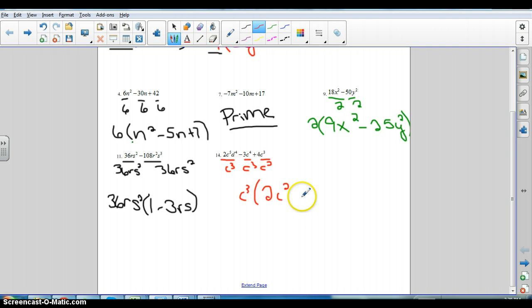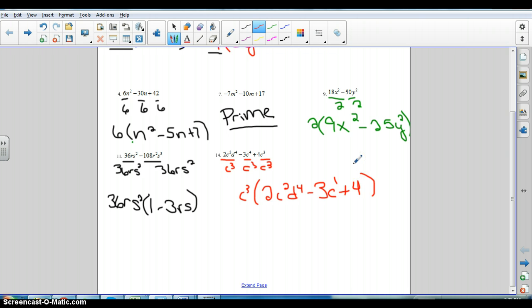We didn't do anything with the D's, so that stays the same. Negative 3 divided by 1 is negative 3. We had 4 C's, we took away 3, so we have 1 left. 4 divided by 1 is 4. I had 3 C's, I took away 3 C's, so I have none left, so I'm just left with 4. And that would be your final answer.